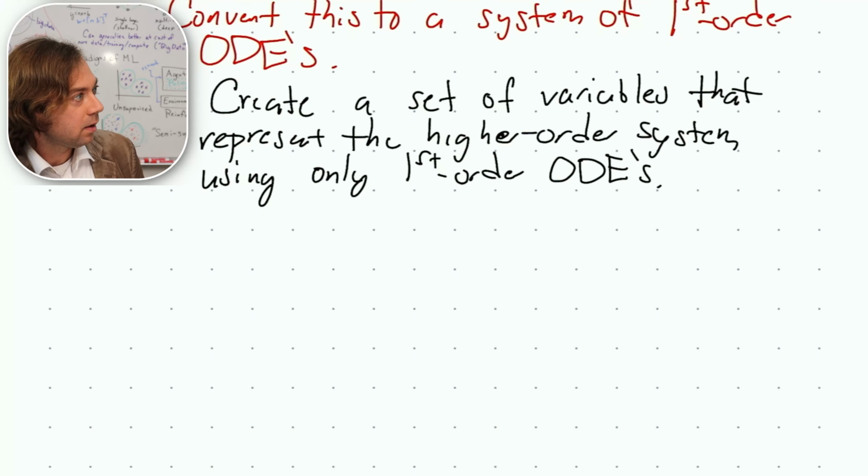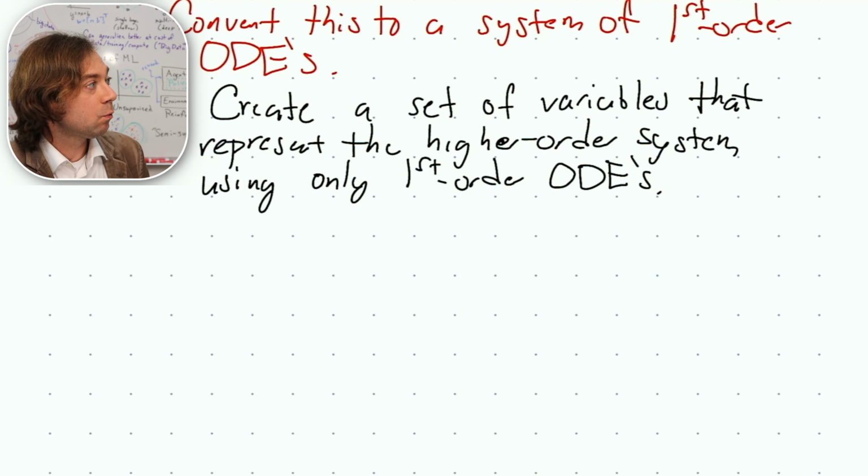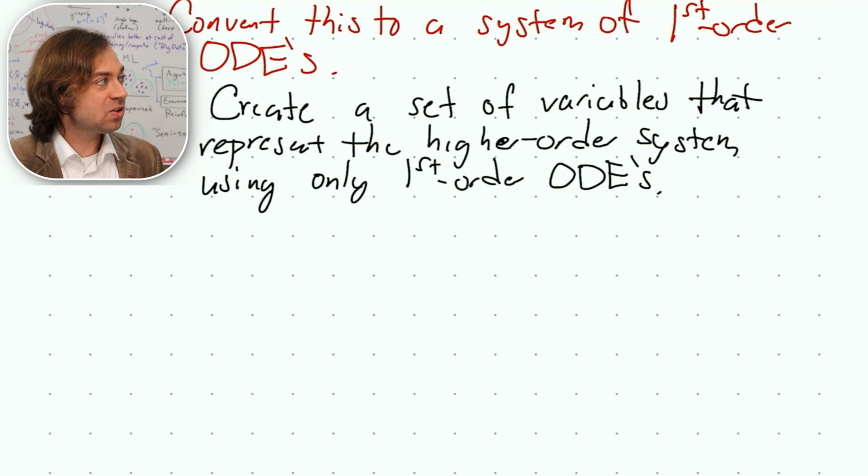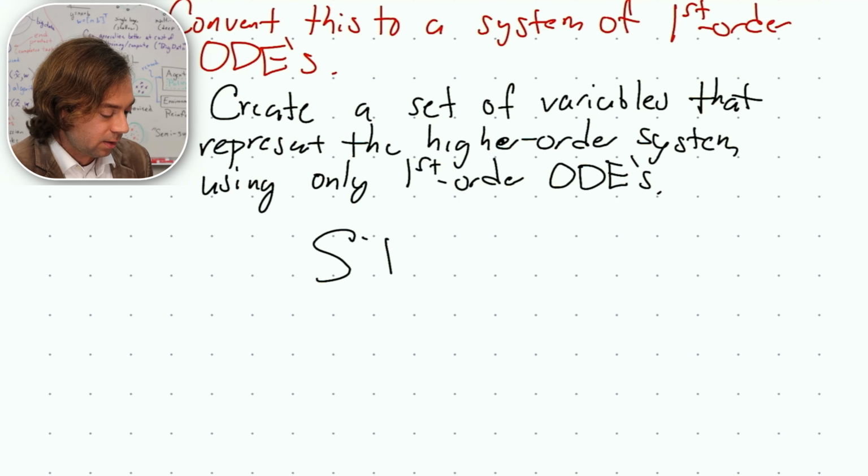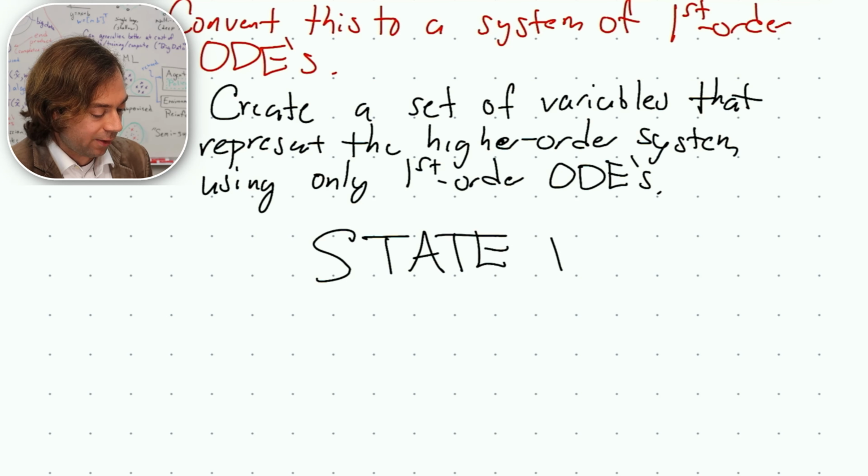Okay? So rule of thumb, if it's a second order system, you need two of these variables, and they are called state variables.